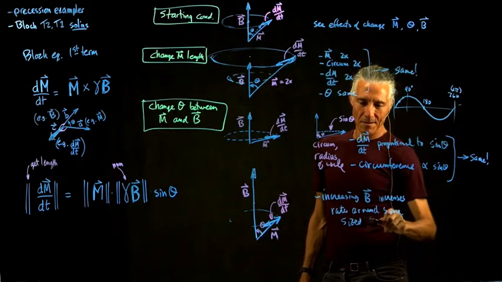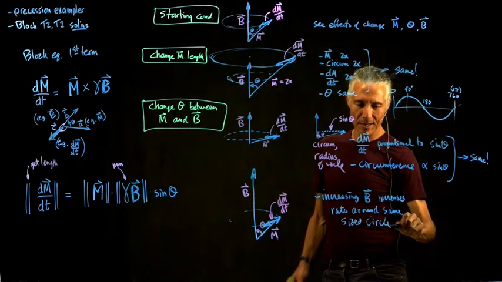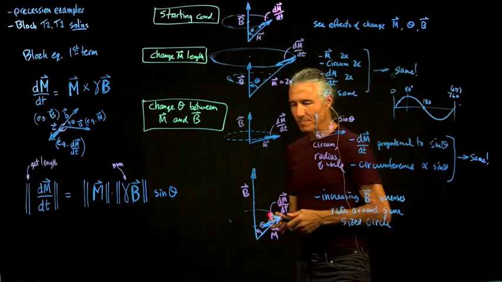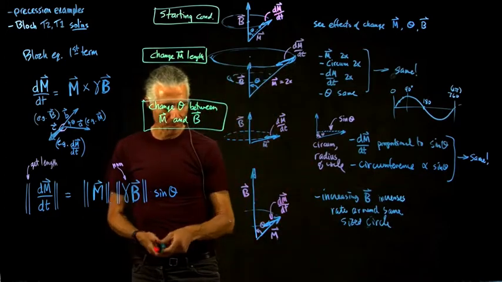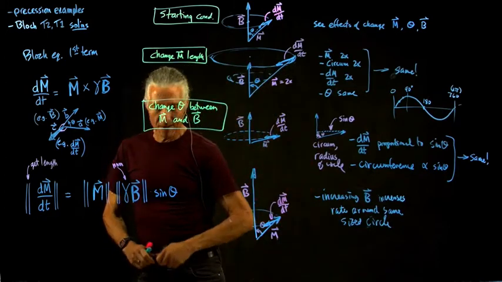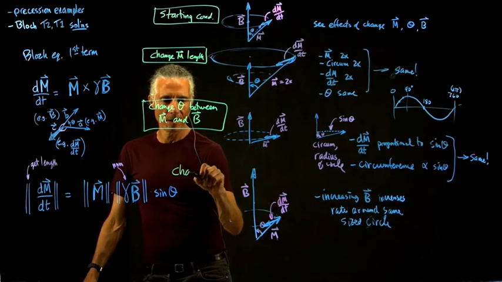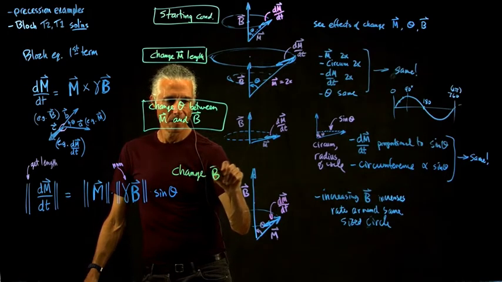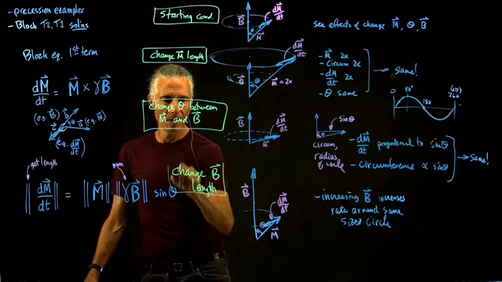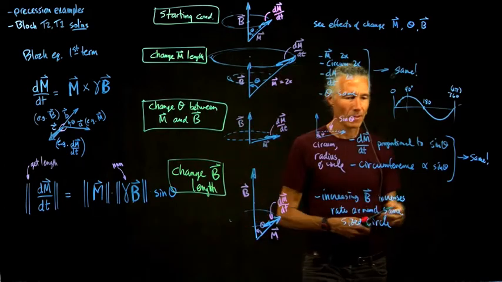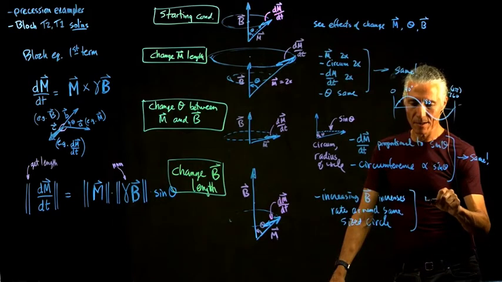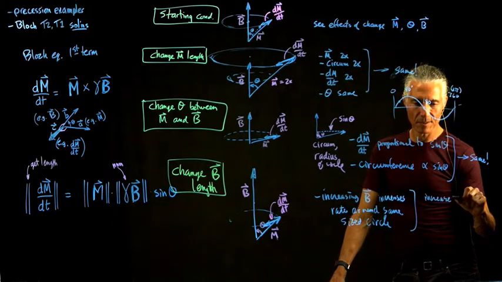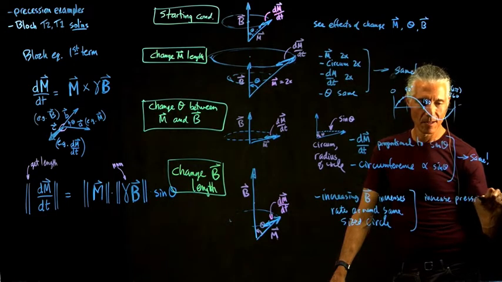We already knew this, because, remember when we looked at the basic equation for the precession frequency, let's put the title here: change B length. So this increases precession frequency, but we already knew that.